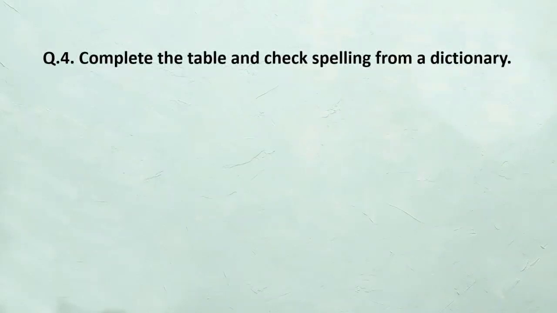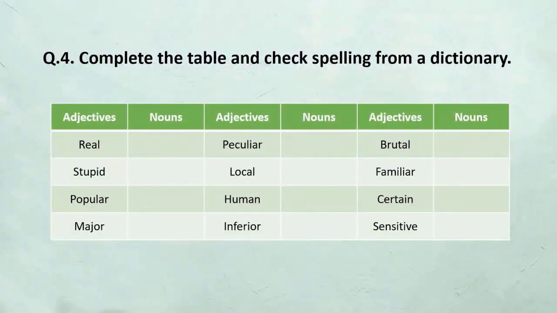Now come to another exercise, but don't forget the use of a dictionary. Now we have some adjectives in a table. The first adjective is real, then stupid, popular, major, peculiar, local, human, inferior, brutal, familiar, certain, and sensitive.